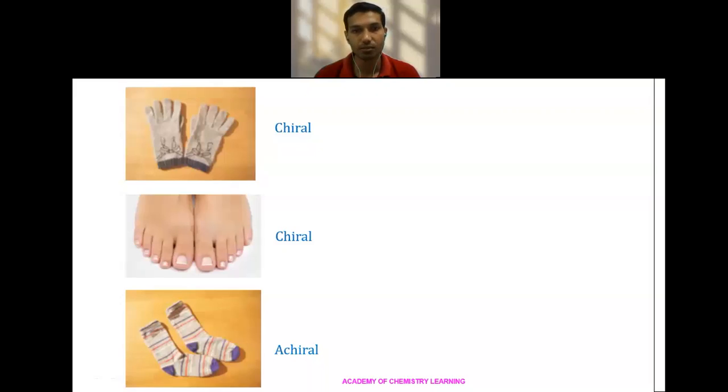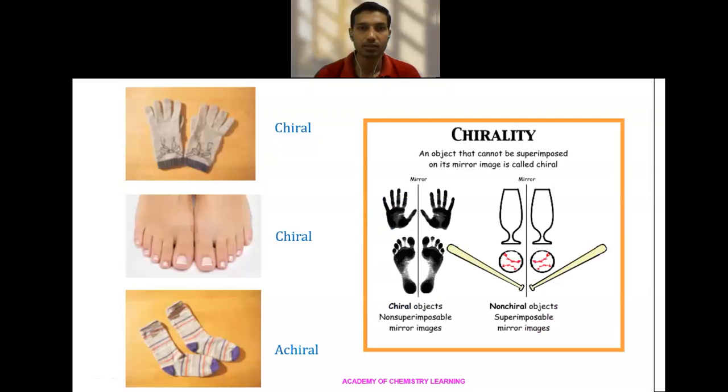And once you know that the molecule is chiral or achiral, you can find out whether they are enantiomers or diastereomers. The chiral objects which are non-superimposable mirror images of each other are our hands and footprints, while this glass ball and these baseball sticks are non-chiral objects and they are superimposable mirror images of each other.